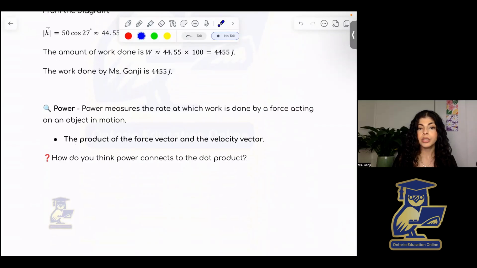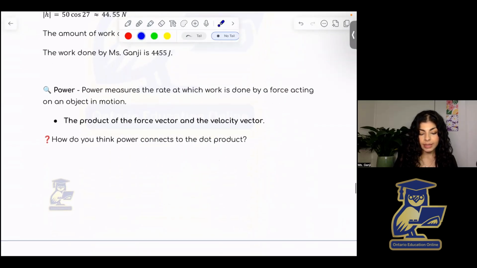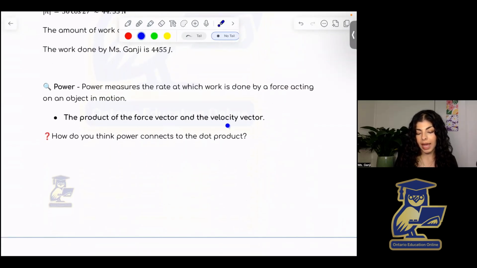Now, another application of the dot product is also power. So power measures the rate at which work is done by a force acting on an object in motion. So this is the product of the force vector and the velocity vector. And again, how do you think power connects to the dot product?